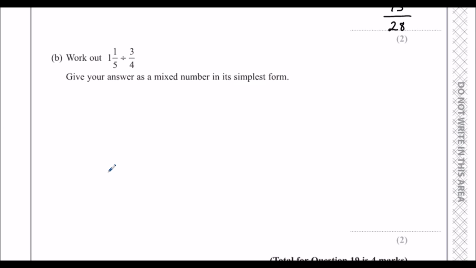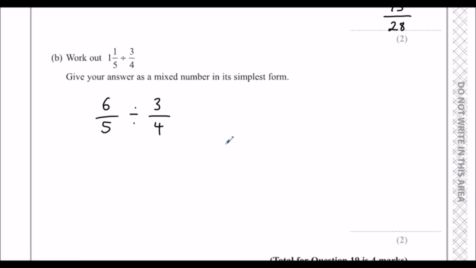Part B. Work out 1 and 1/5 divided by 3 quarters. So again, firstly, I'm going to get rid of the mixed number and make it top heavy. So 1, we're in fifths, so a whole one is 5/5. So we've got 5/5 and 1/5, which is 6/5. Or 1 times 5 is 5, plus 1 is 6, divided by 3 quarters.